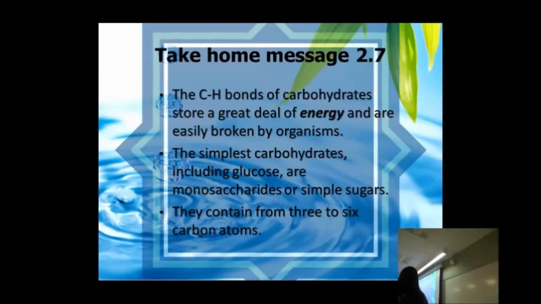So the simplest carbohydrates, you may have heard of simple carbohydrates versus complex carbohydrates, which we usually say in food that complex carbohydrates are better for you because they're broken down slower by your body. But if you need energy really fast, then taking in things like glucose or the simple sugars is going to be your way to get your fastest energy.